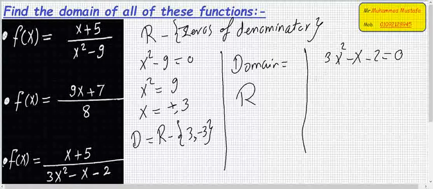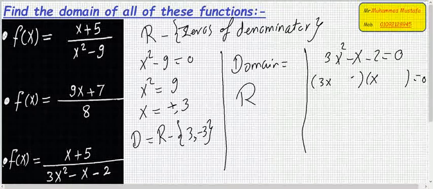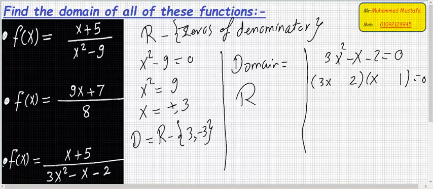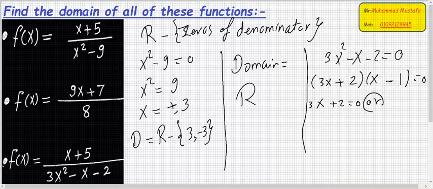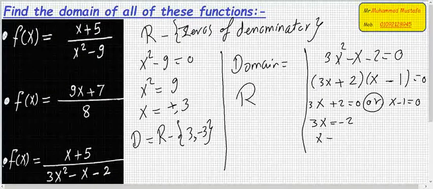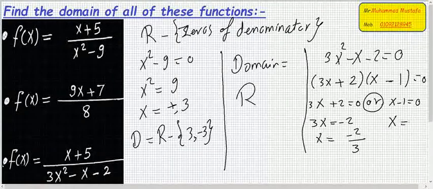We can factorize this trinomial: 3x times x, and 2 times 1, so (3x + 2)(x - 1) = 0. Then 3x + 2 = 0 or x - 1 = 0. So 3x = -2, x = -2/3, and x = 1.